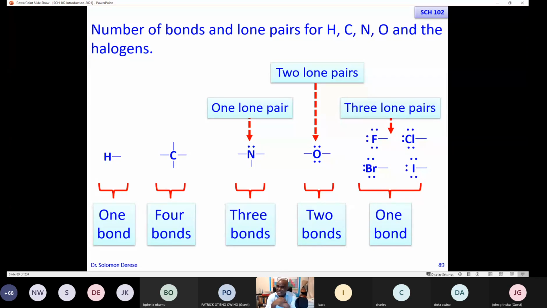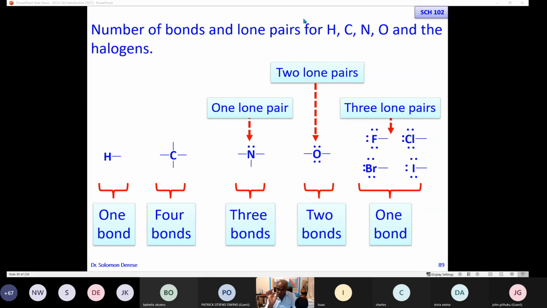But oxygen must have how many electrons to be stable? 8 electrons. 4 of the electrons are the shared electrons involved in covalent bonding. So the remaining 4 electrons are called non-bonding electrons, and they exist as pairs.